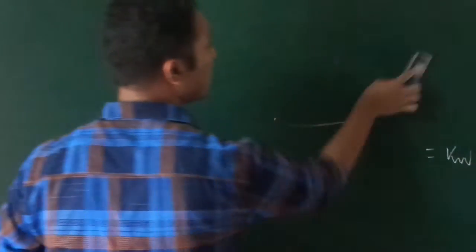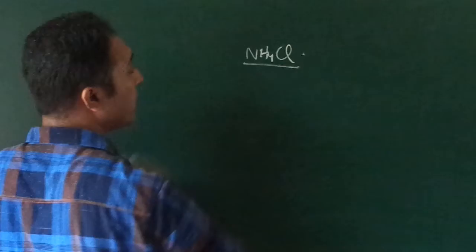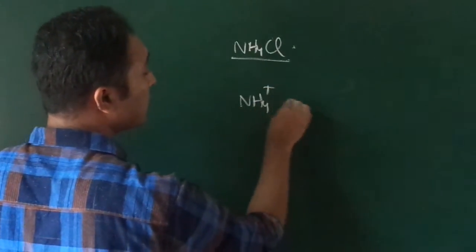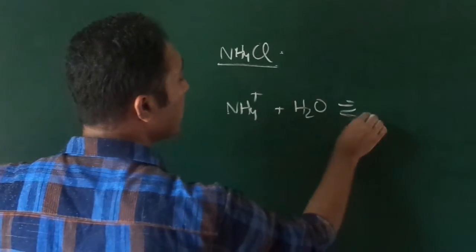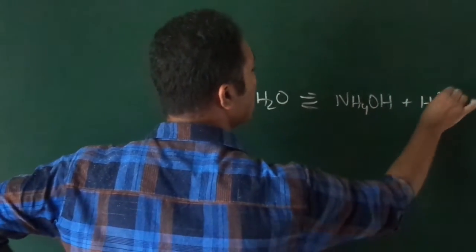Now, as I was discussing in the previous video about the pH or the pOH, we had taken a salt such as NH4Cl, its hydrolysis, and we had taken up the issue like this. We got like this, right?